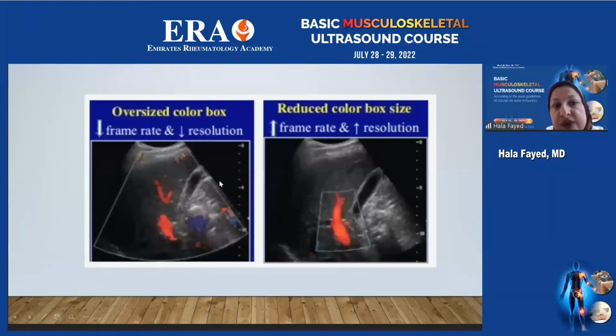So if we have an oversized box, this will decrease the frame rate and the clarity of the image, that is resolution or 2-point discrimination, as we heard yesterday. And if there is a reduced color box size, there will be increased frame rate and increased resolution.